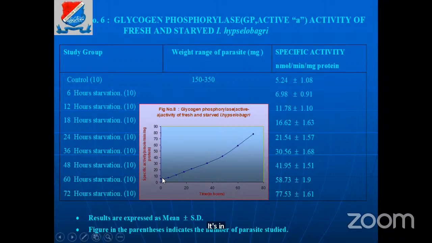The glycogen phosphorylase A activity gradually increases over the starvation period, because they want to store glycogen very rapidly during the starvation period for their survivability. So the glucose, which is decreasing in our study, goes to the storing of glycogen through the activity of glycogen phosphorylase A, that is, active glycogen phosphorylase.